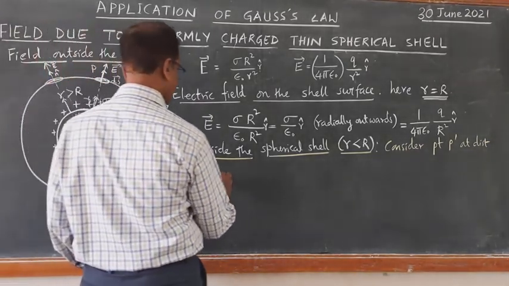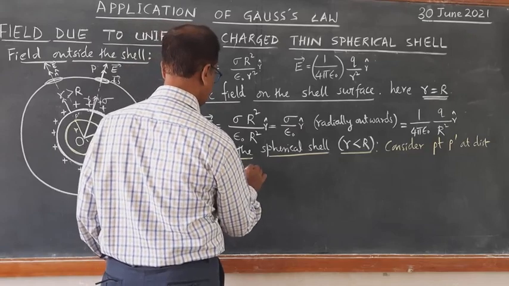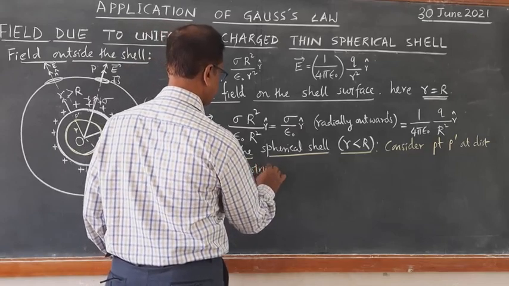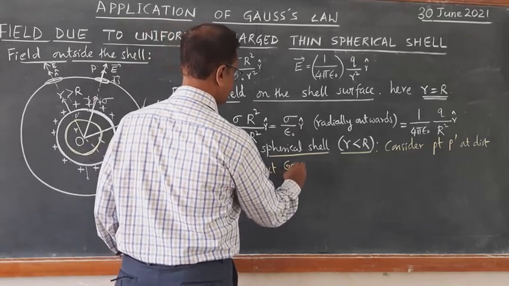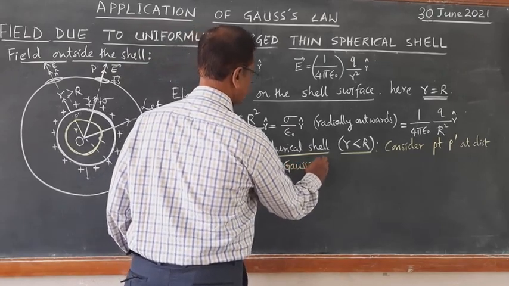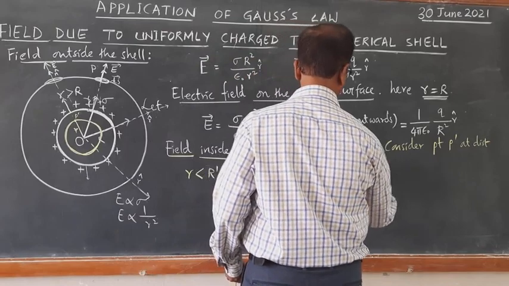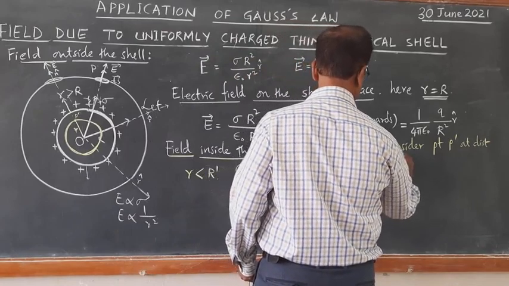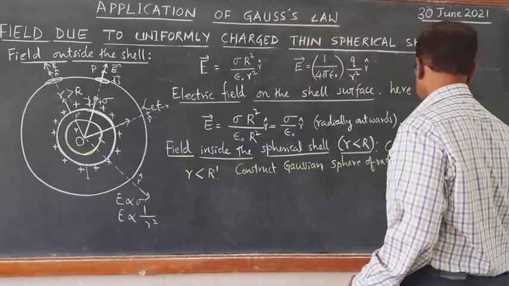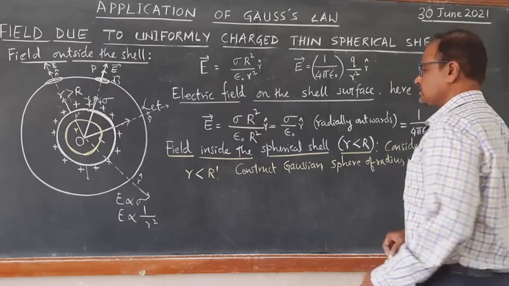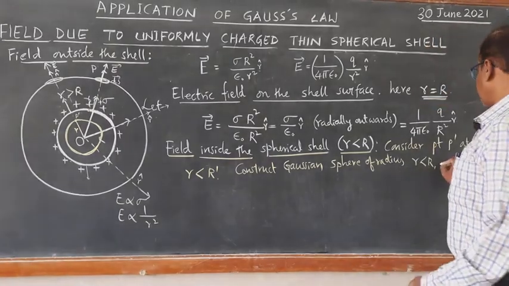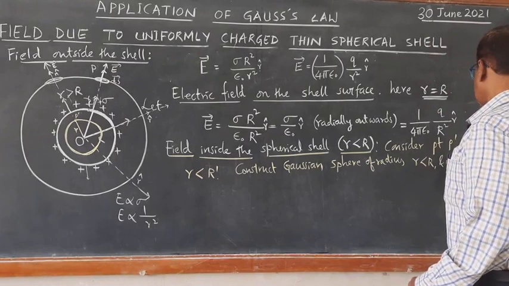Now again we will follow the same procedure: construct a Gaussian sphere of radius r and apply Gauss law.